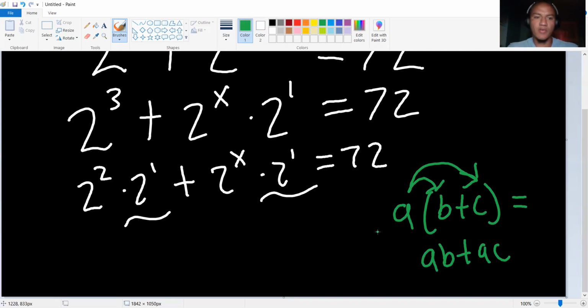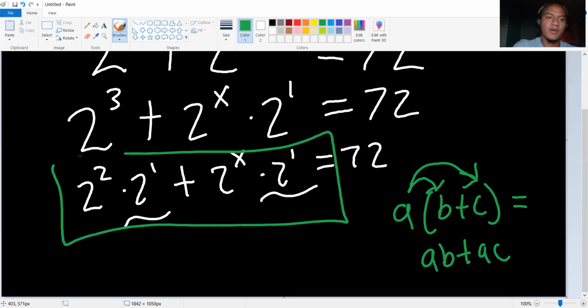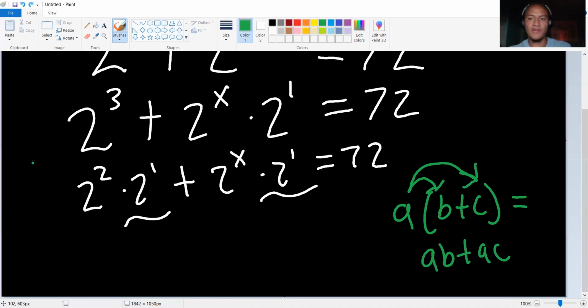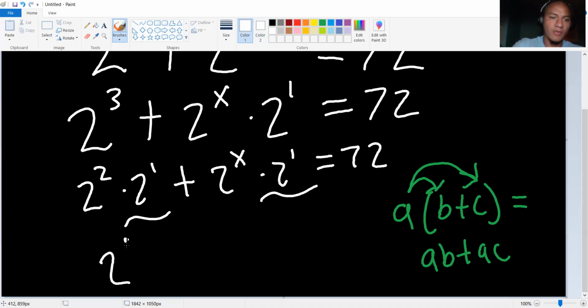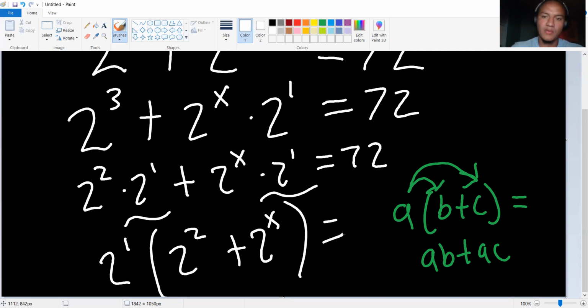And we actually see what's similar in this area right here. It's similar because you can think of the 2 to the first power as the A. So we factor that out and we get 2 to the first times (2 to the second plus 2 to the x) equals 72.